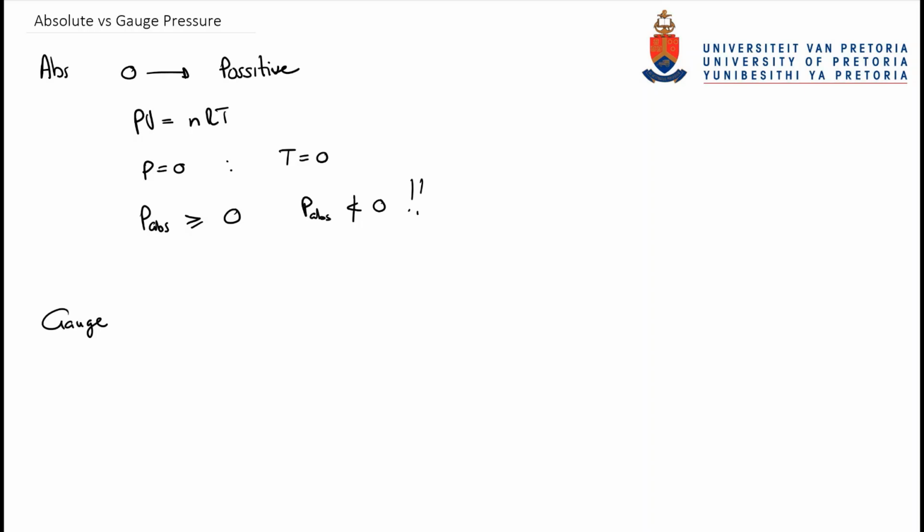Gauge pressure, on the other hand, is a relative pressure. So this implies that gauge pressure can be bigger than 0, it can be equal to 0, but it can also be smaller than 0. So what is this thing that gauge pressure is relative to?